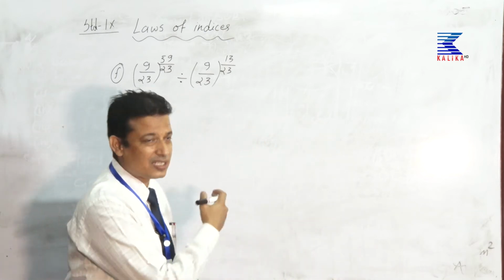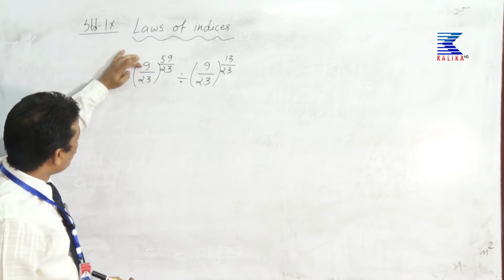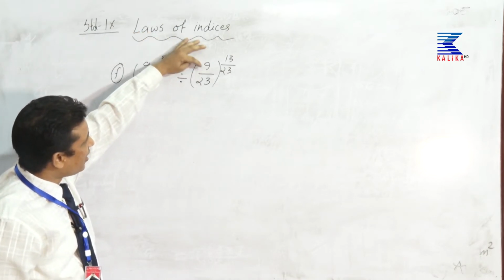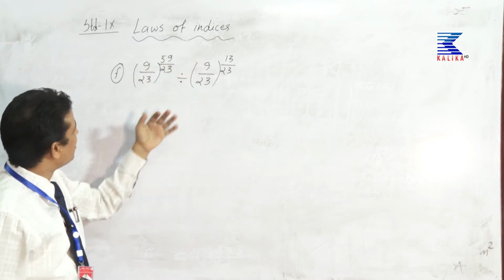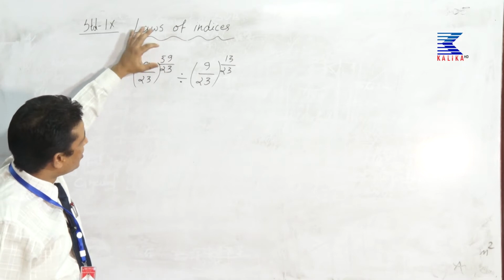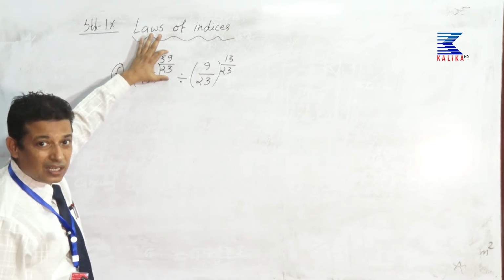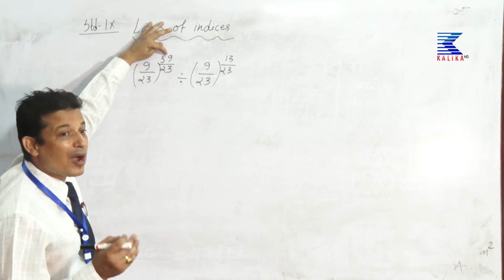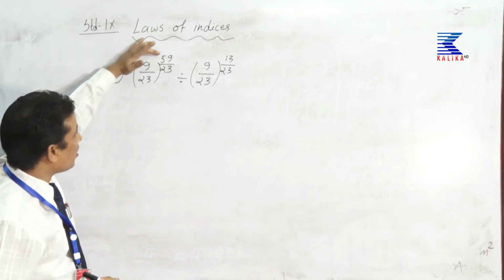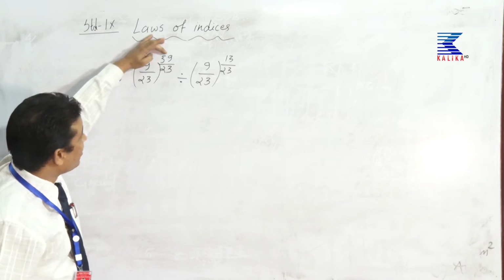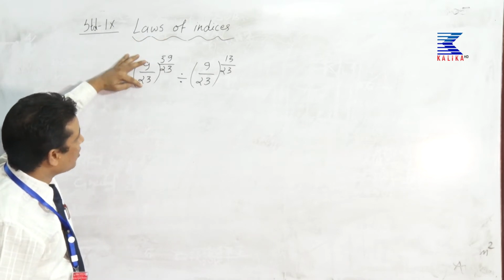Like here you can see in this question, 9/23 is in the bracket, 9/23 is in the bracket. In the first term there is a power 59/23. This is the power in fraction form. This is not only the power of 9, neither is it only the power of 23. This is the power of 9/23.